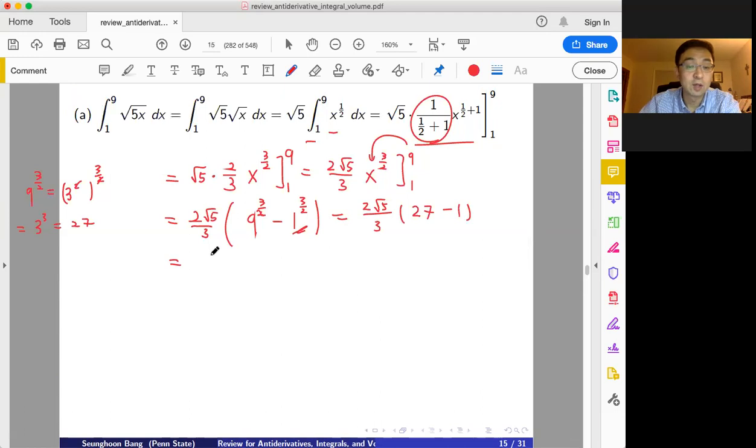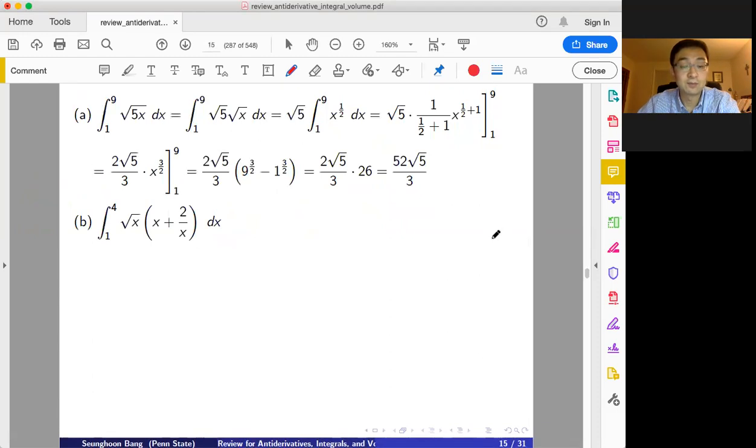So we have 2 root 5 over 3 times 26. So you cannot cross out. The 2 times 26 is 52. 52 root 5 over 3. This is the answer.